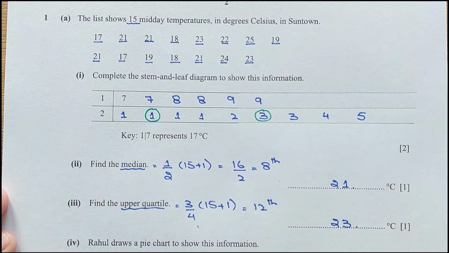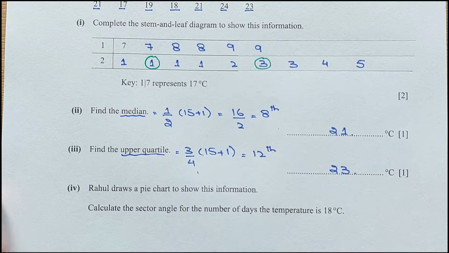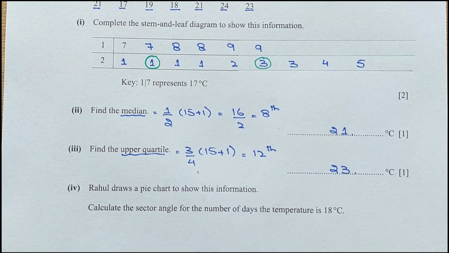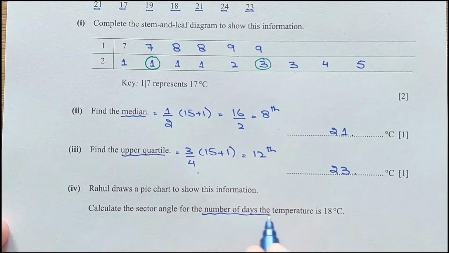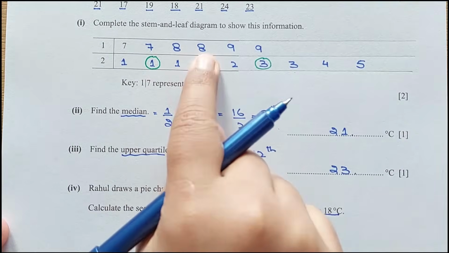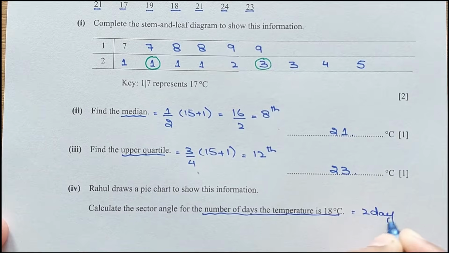is the upper quartile. Now for part 4, Rahul draws a pie chart to show this information. Calculate the sector angle for the number of days the temperature is 18 degrees Celsius. So how many days is the temperature 18 degrees Celsius? 18, 18. So there are 2 days. The pie chart is 360 degrees. Divide by the total number of days, 15, and multiply by 2 because there are 2 days when the temperature is 18 degrees Celsius.